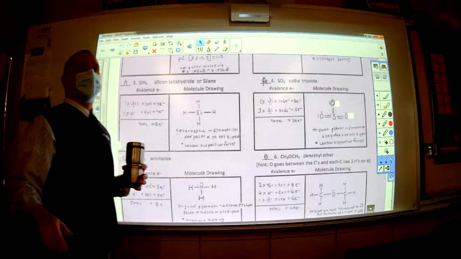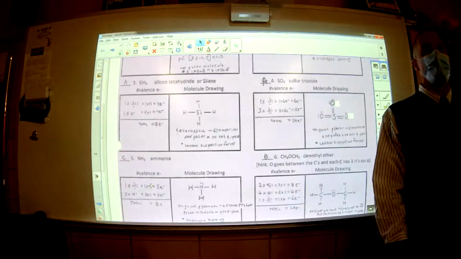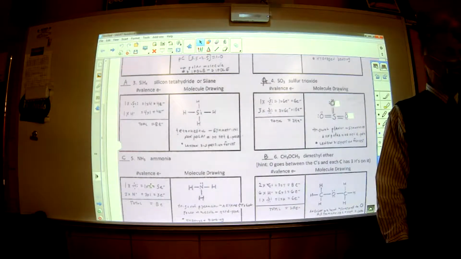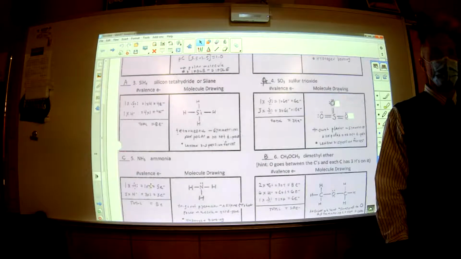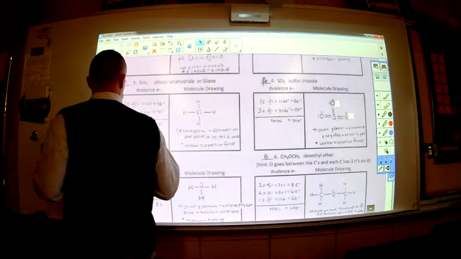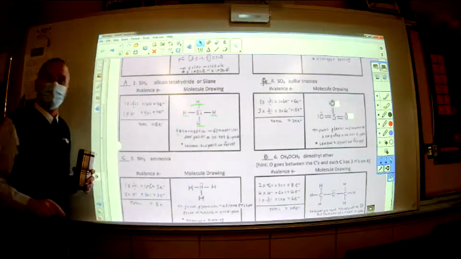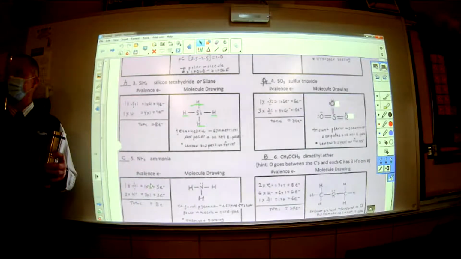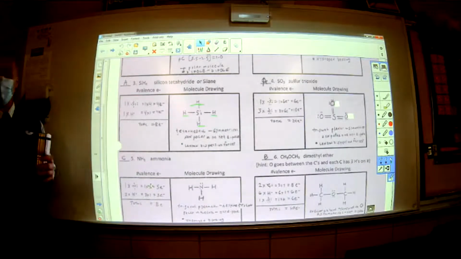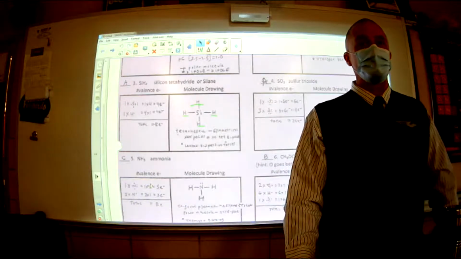Would the London forces on this molecule be very strong or very weak, to the point of being about as weak as you could get? Why do you say weak? Who's in here? Hydrogens? Are the terminal atoms hydrogens here, yes? Are hydrogens polarizable, meaning can they have little areas that are negative and positive?